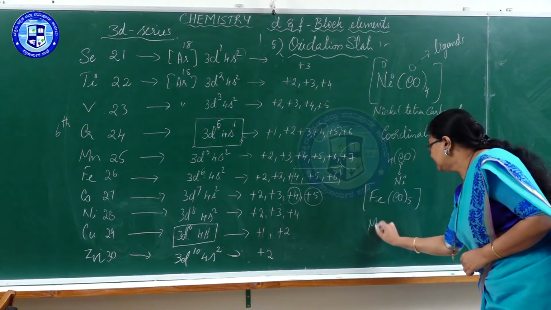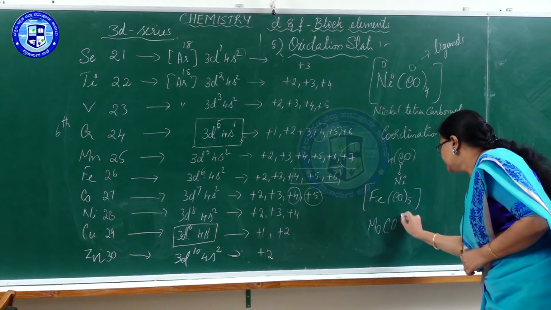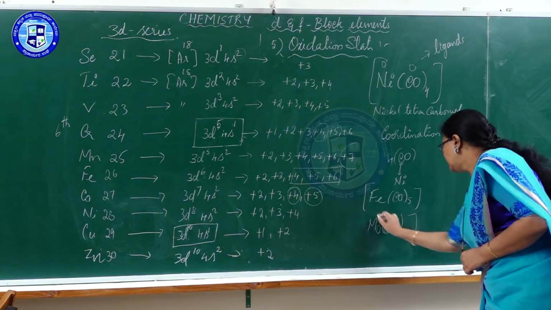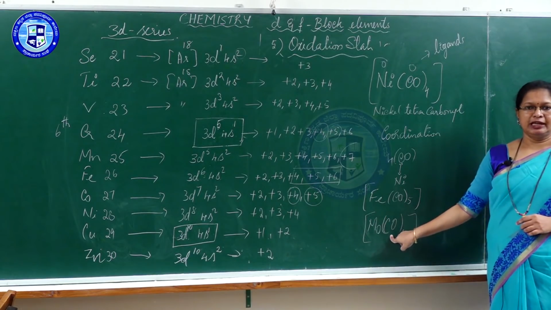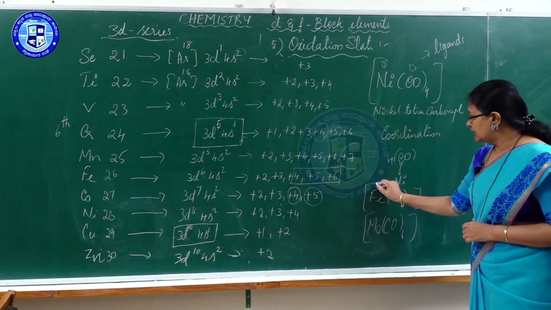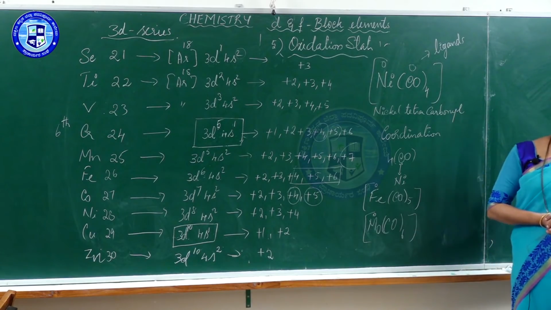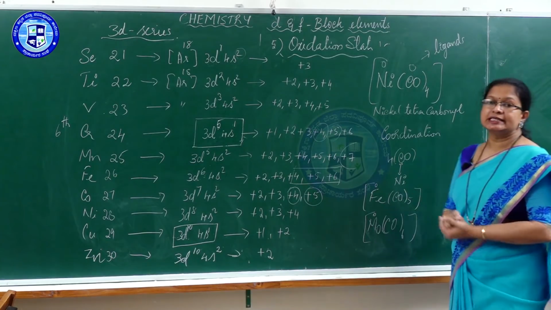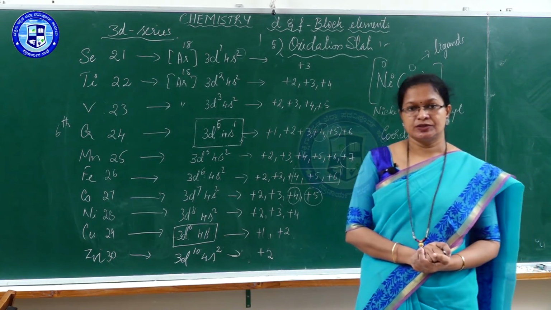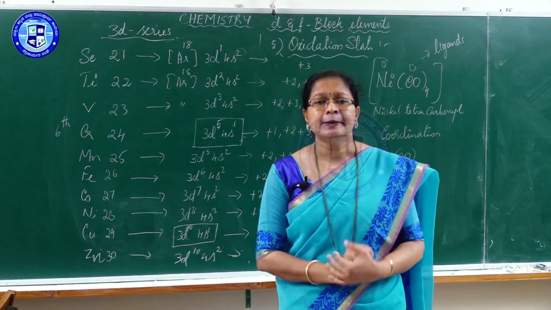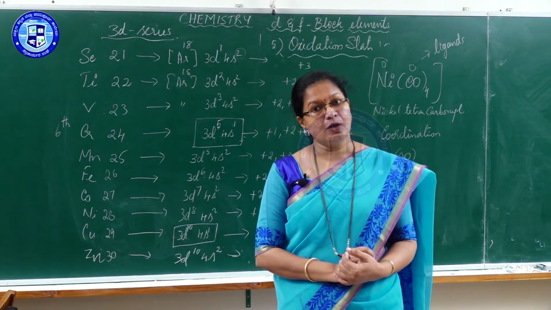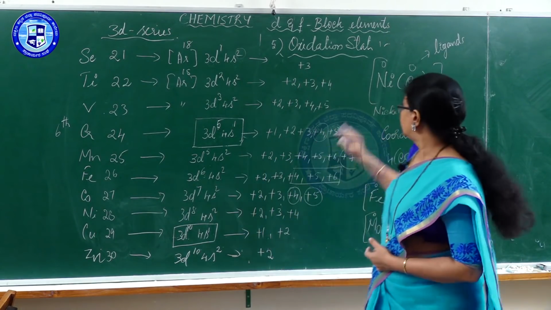Similarly, molybdenum can form molybdenum hexacarbonyl. In all these compounds, iron has 0 oxidation state, molybdenum has 0 oxidation state. So these elements can exhibit even 0 oxidation state in compounds where they are along with ligands like carbonyl.